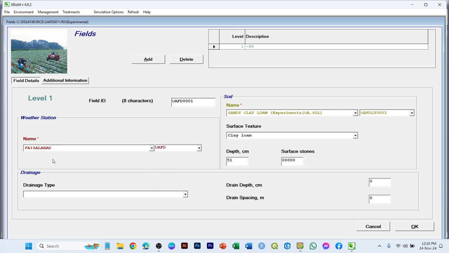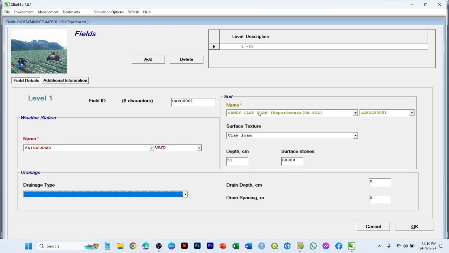So again, if there is geographical variation, then you have to type any drainage or such type of thing. But normally we don't have any information or such ambiguities over there.